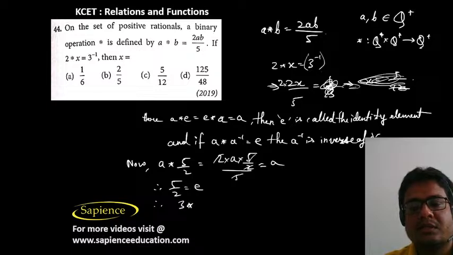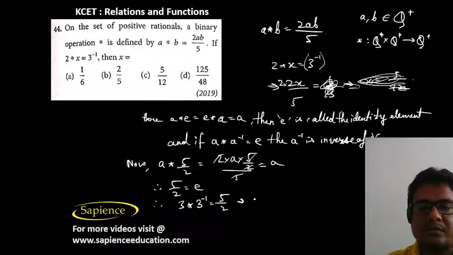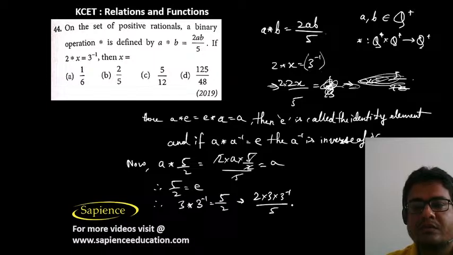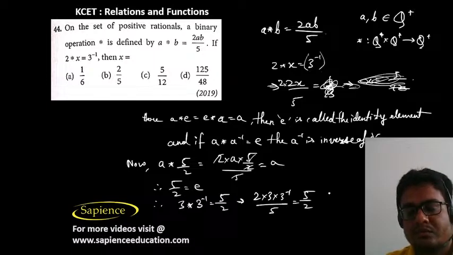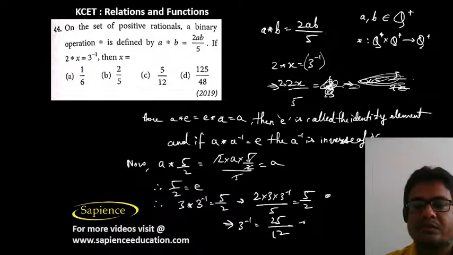Suppose 3 star 3 inverse is equal to 5 by 2. We have to find the inverse of the element 3. So 2 into 3 into 3 inverse by 5 is equal to 5 by 2. Therefore 3 inverse will be 25 by 12.